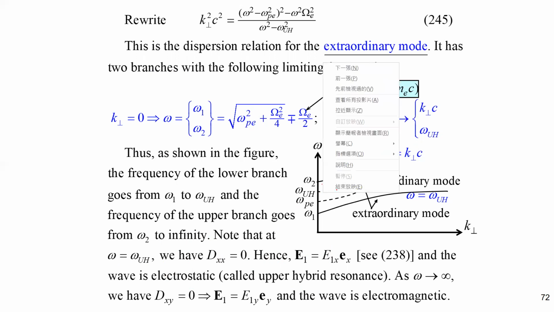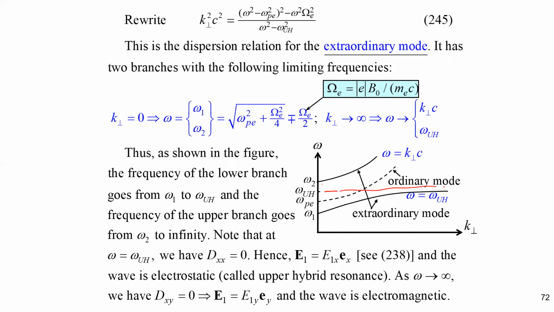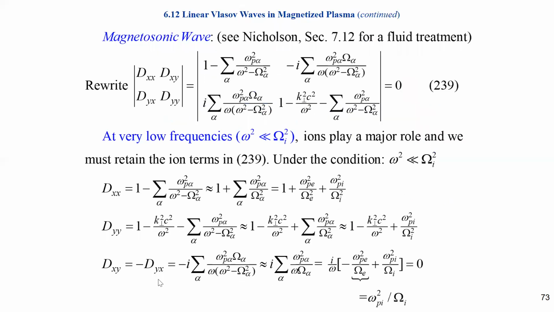Look at here. Actually, these two curves are very close to each other. And the wave becomes electrostatic, called upper hybrid resonance. As omega approaches infinity, we have dxx as another case.